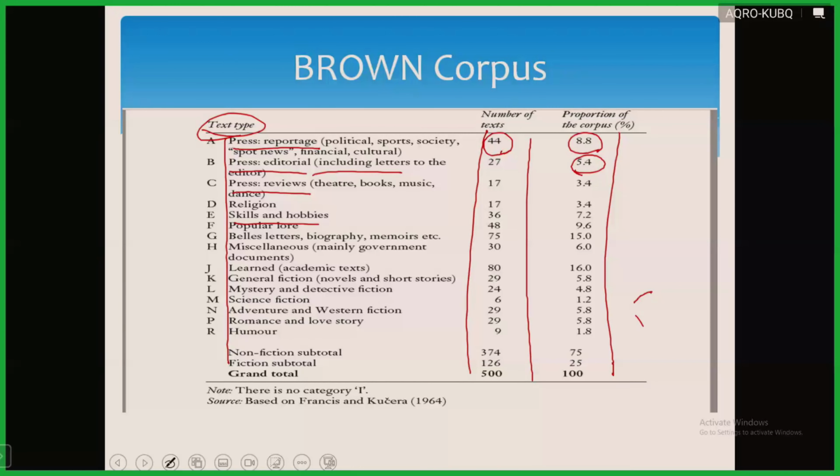So my point here is that your data should be representative. Sometimes you have email data. A lengthy email may be 300 words, very lengthy, but a brief message may be 50 to 100 words.